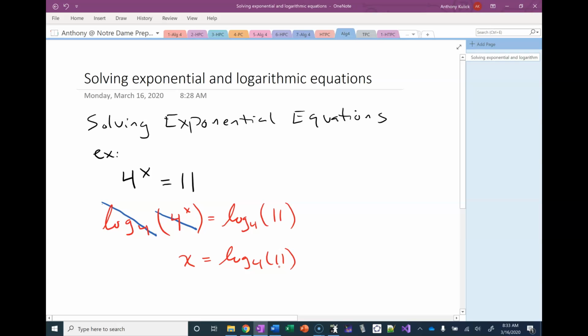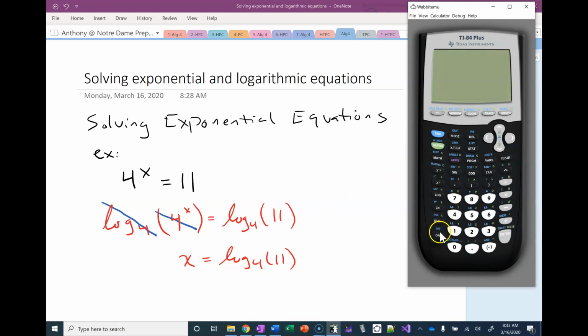And this is something that we can evaluate on our calculator. So if we pull up our calculator and we go to the math button and we scroll down to where it says log base, and we select that, we can type in the 4 for the base of the logarithm and 11 in the argument, and that gives me approximately 1.730.